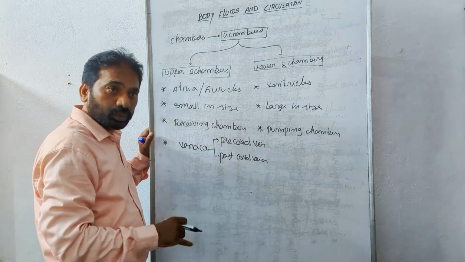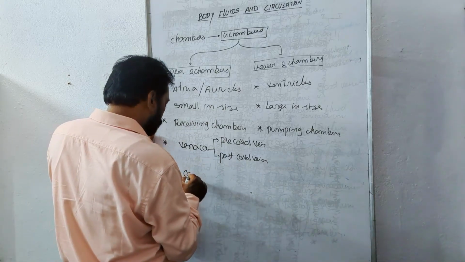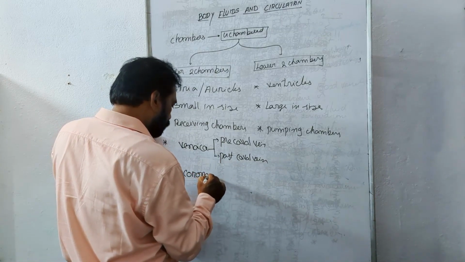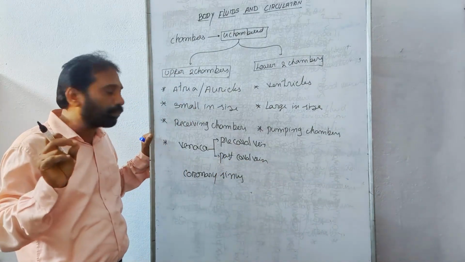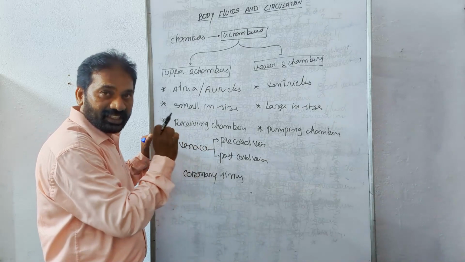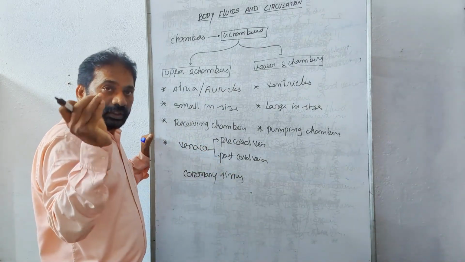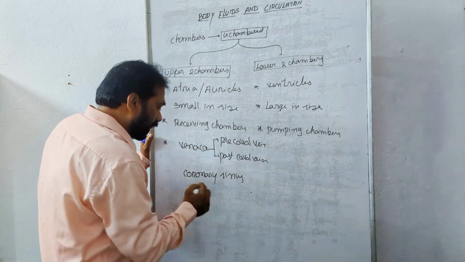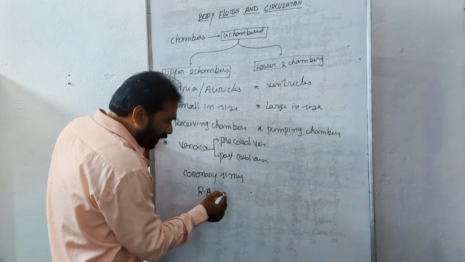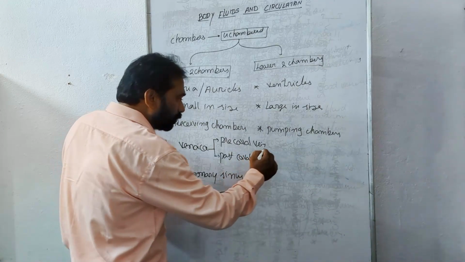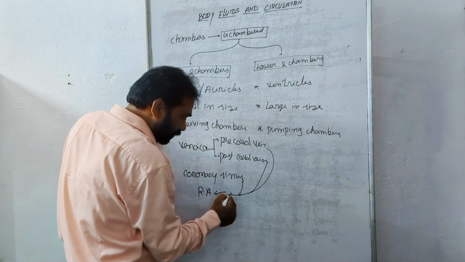Not only these two, the coronary sinus also supplies blood to right atria. This right atria receives the blood from all these.